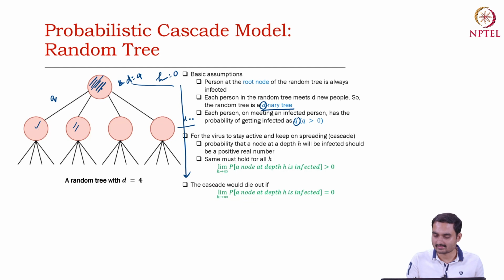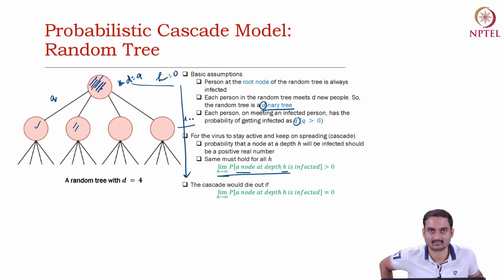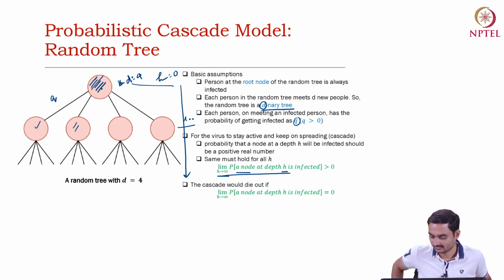So we will measure the probability that at least one node gets infected at depth h, and in the limiting condition h tends to infinity. As h tends to infinity, what is the probability that at least one node at depth h will be infected?